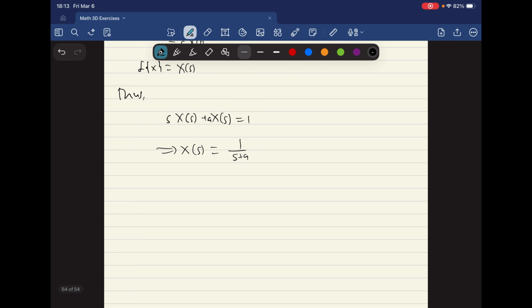And therefore, when we take the inverse Laplace transform, let me write x of t, this is just going to be e to the minus at.